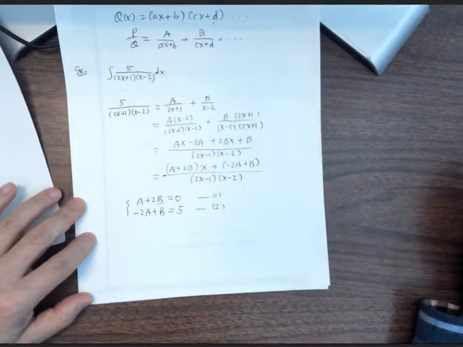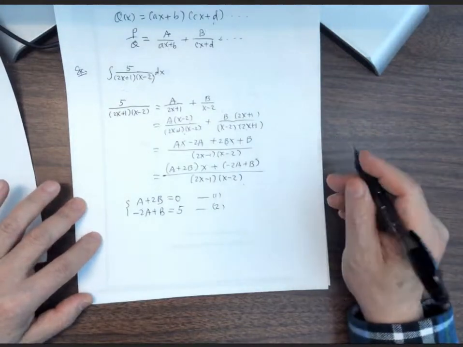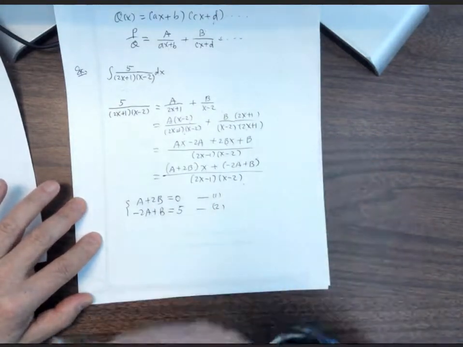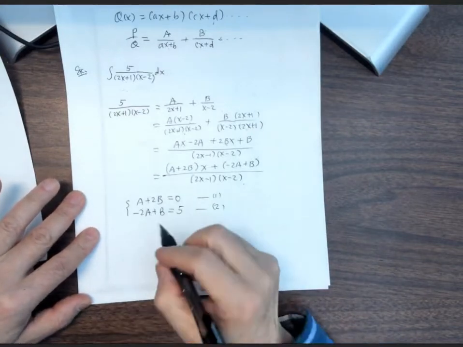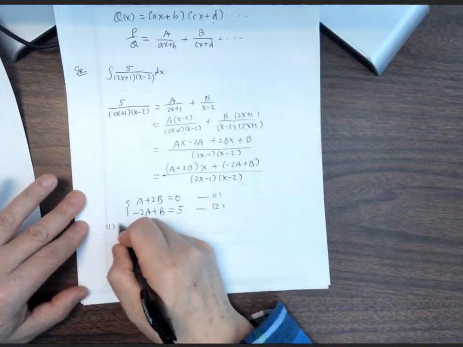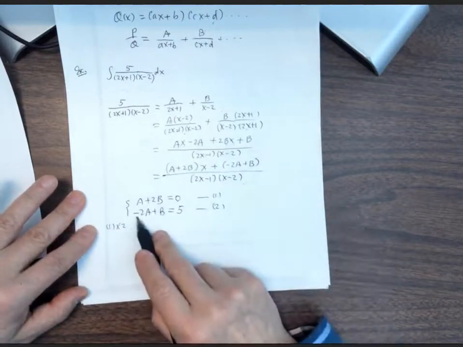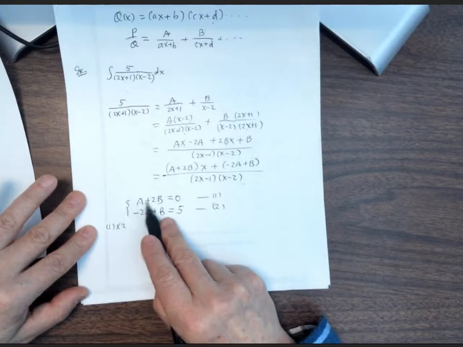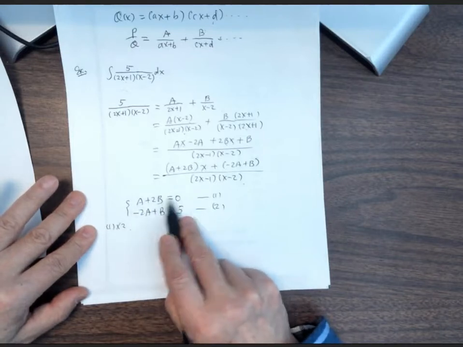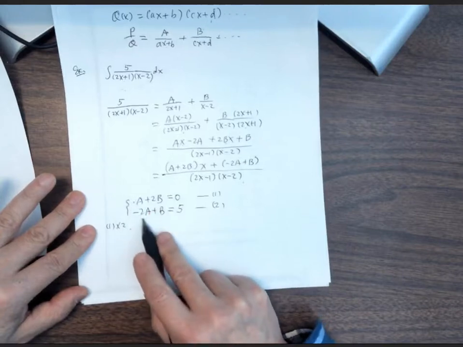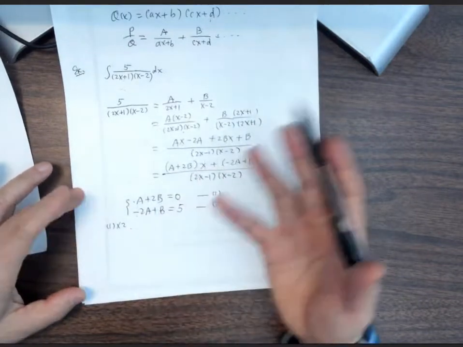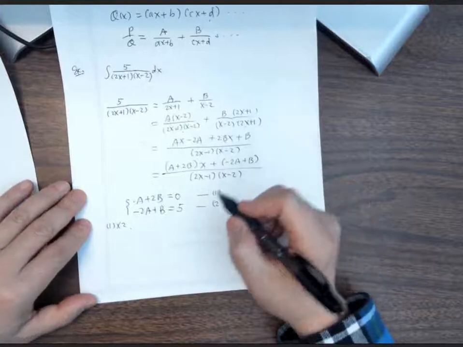I'm going to determine A and B using what's called elimination by addition. For example, if I multiply the first equation by positive 2, look, there's a negative 2A here. So if I multiply the first equation entirely by 2, I would have a positive 2A. Positive 2A and the negative 2A combined, A is gone. A would be eliminated.